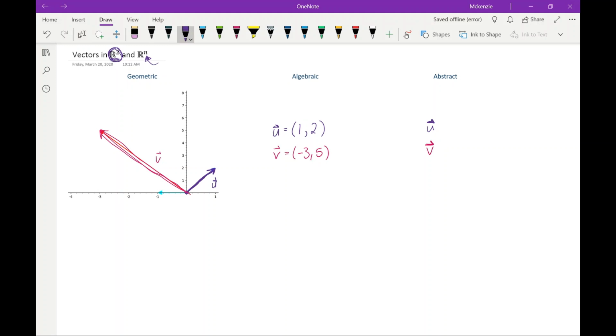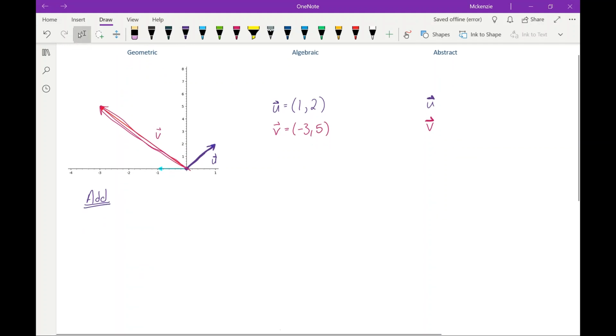Alright, so what do we want to do with vectors? We want to be able to add them together. We are taking an algebra class after all. So how do we add two vectors? Let's go ahead and start with our same u and v, or at least approximate u and v. U is there, v is over here.